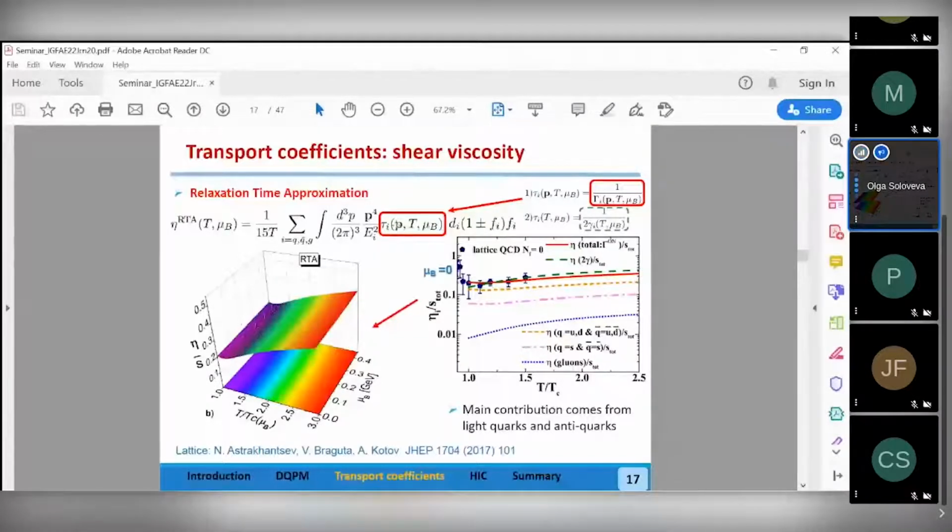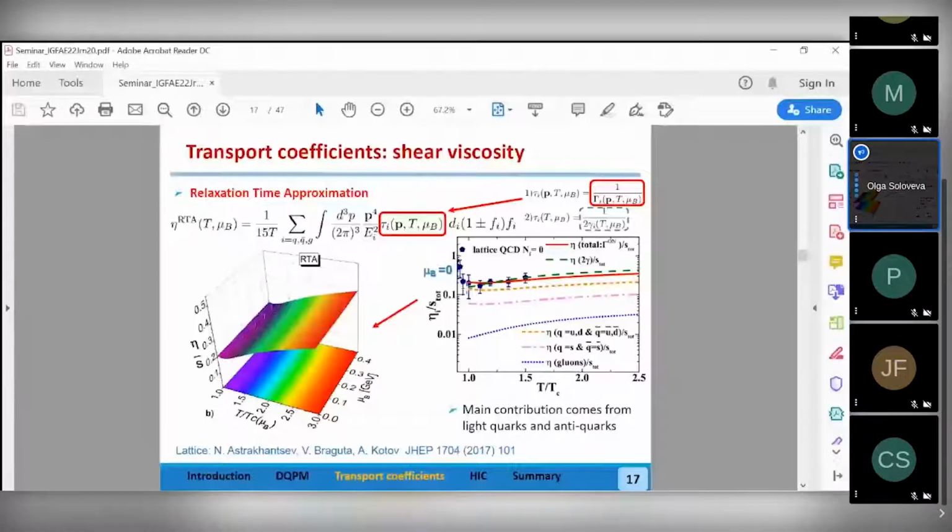But as you can see here is the energy squared. So actually the mass of the particles also plays a role in the contributions to the transport coefficient. So you can see that in case of gluon, which has a larger effective mass, the contribution is around 10%. Here, I plotted the result for total shear viscosity as a red line, in case of momentum-dependent relaxation time.